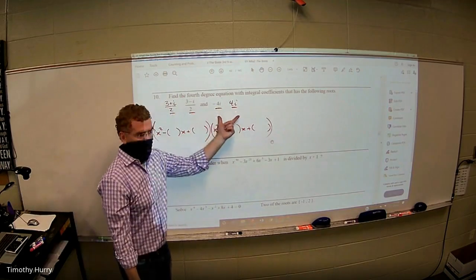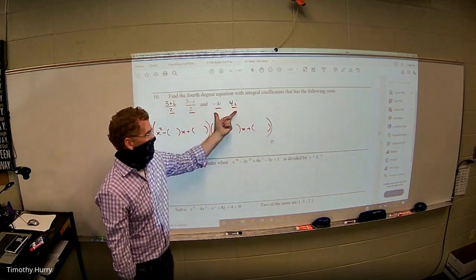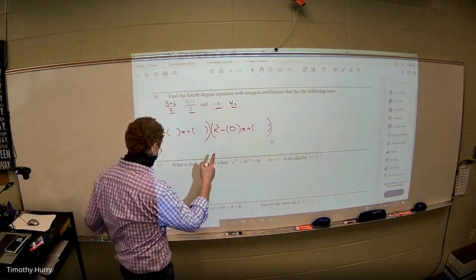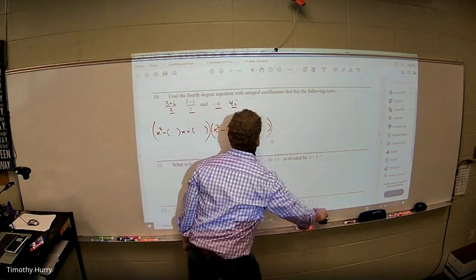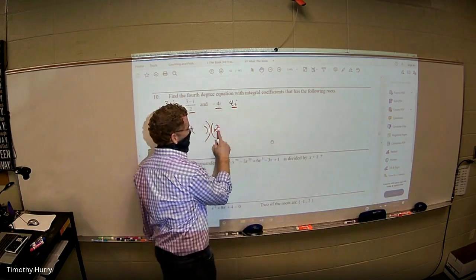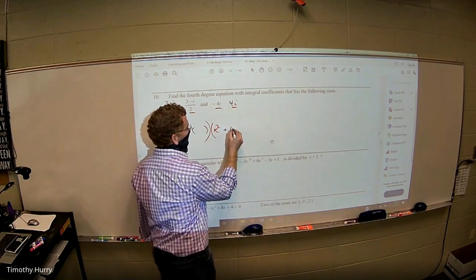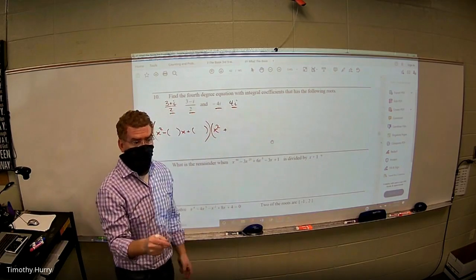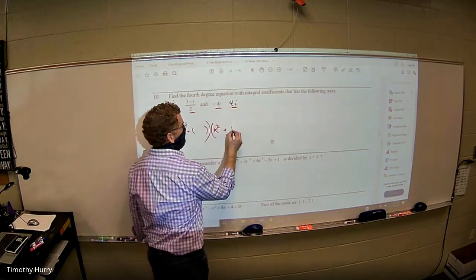Well, here it's easy. What's the sum of those two? Nothing. That 0 makes all that go away, which means in that case, I really don't even need the minus 0x. I can go straight to the product. And what's the product? Negative 16i squared, which is positive 16, so plus 16.